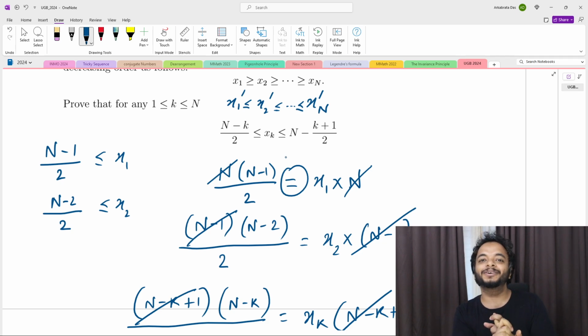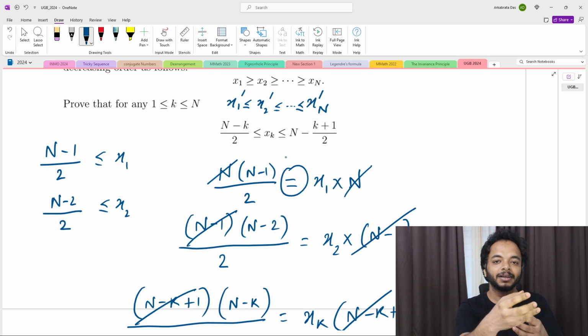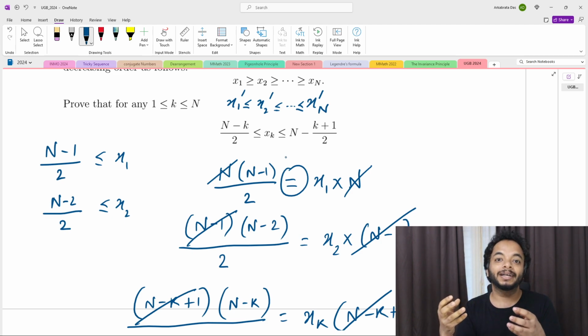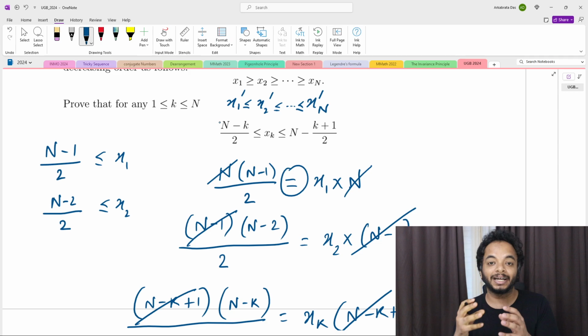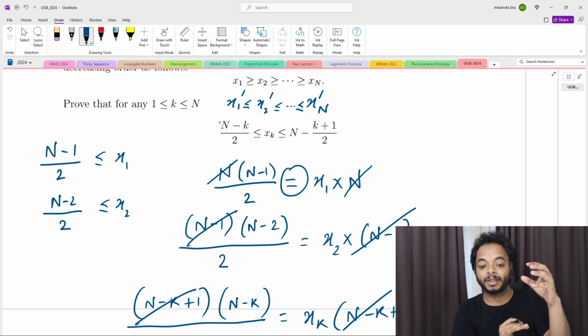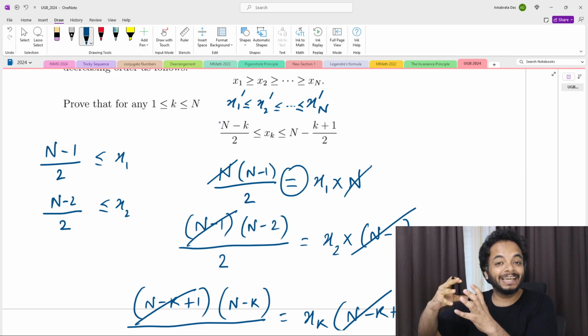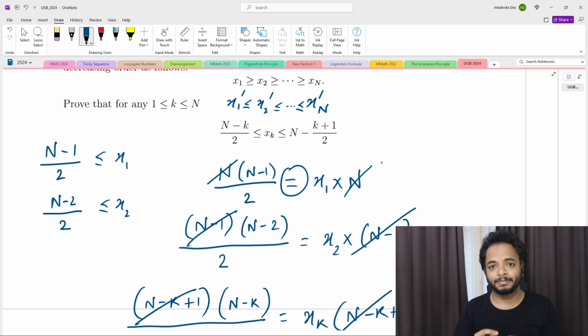So now with the number of losses, I'll check who has the maximum number of losses, then who has the second max, and so on. This is what is coming out: team T1 should have the minimum number of losses, team T2 the second minimum number of losses, and so on, and Tn should have the maximum number of losses, because they are winning the minimum number of games.